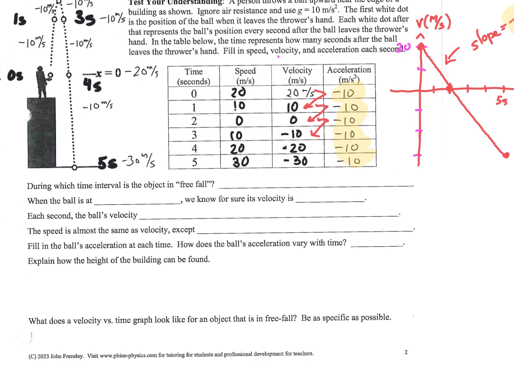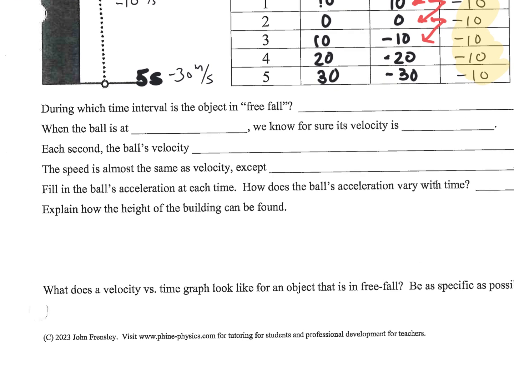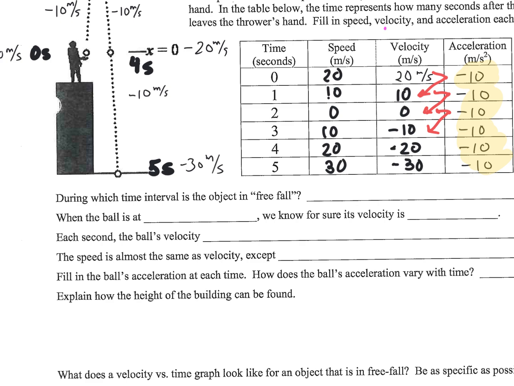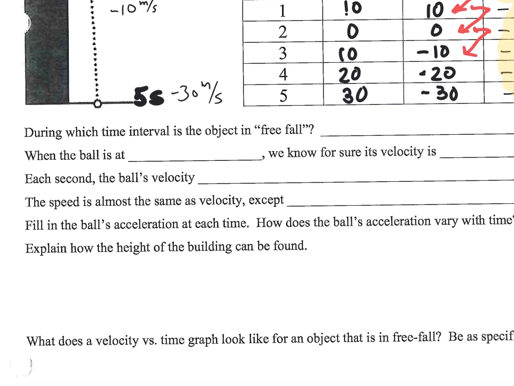Now, let's fill the rest of this in so we can get on to the best part of today, which is the graphs. During what time interval is the object in free fall? The whole time, right? So what would that be? 0 to 5 seconds. All right.